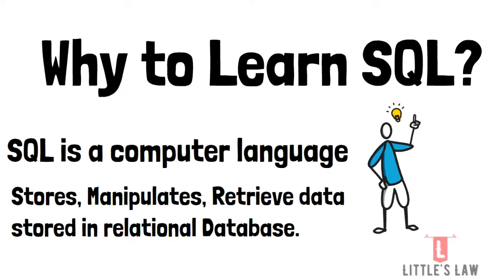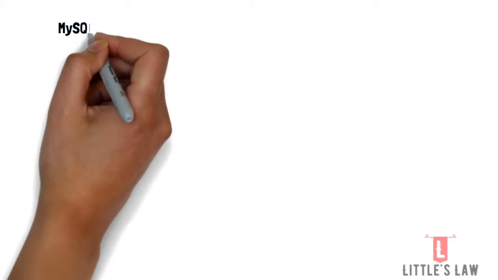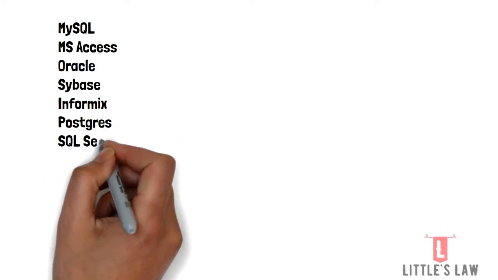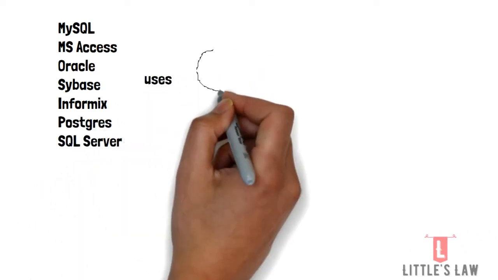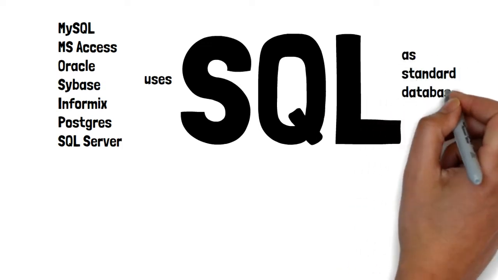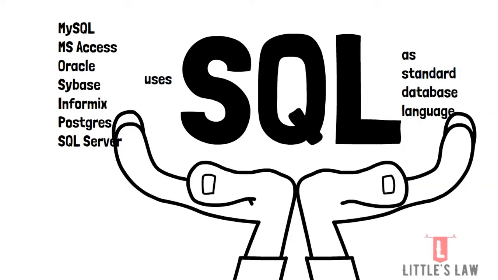And SQL is the standard language for relational database systems, and all the relational database management systems like MySQL, MS Access, Oracle, Sybase, Postgres, and SQL Server use SQL as their standard database language. Also, they are using different dialects such as MS SQL Server using T-SQL, Oracle using PL/SQL.